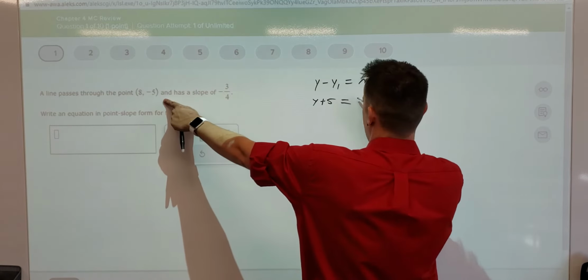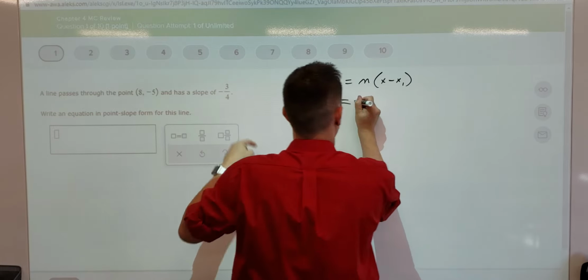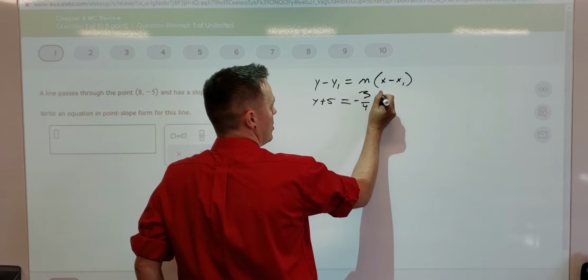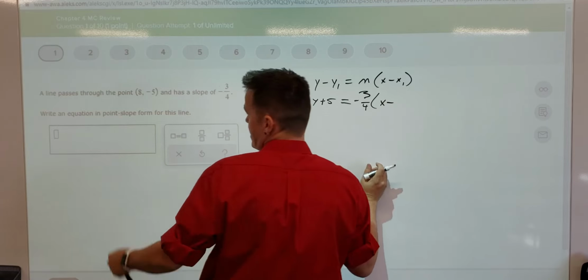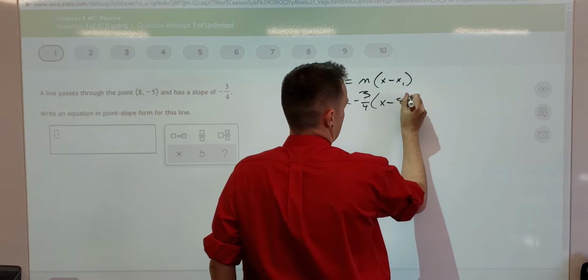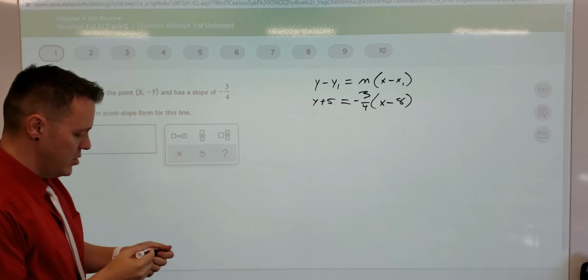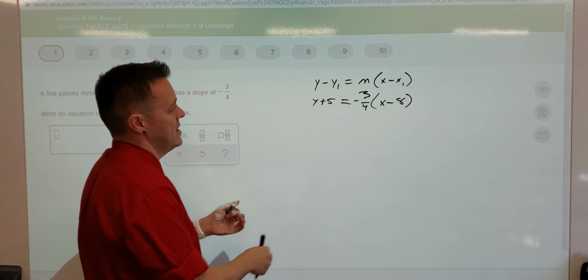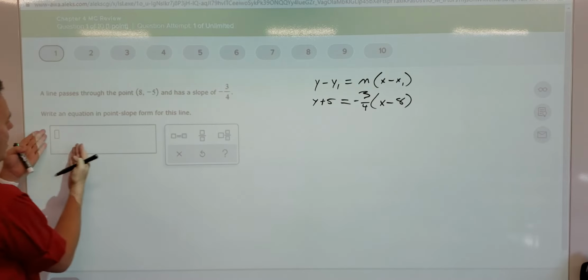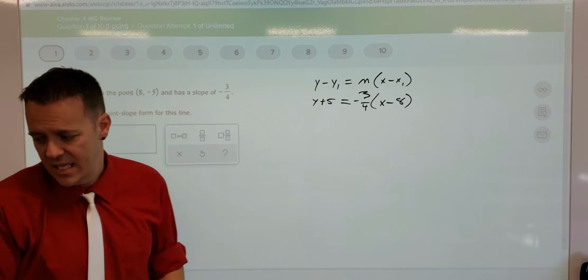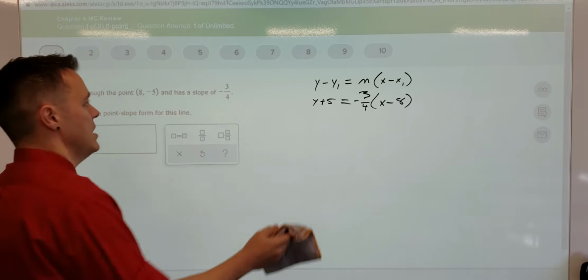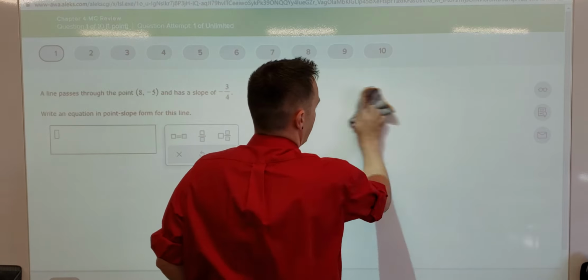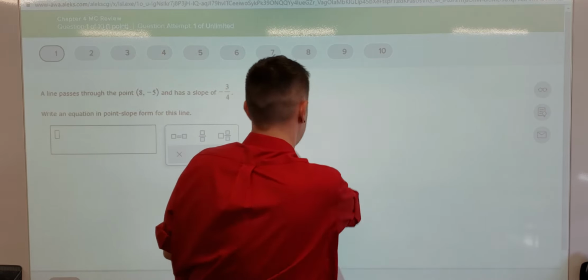Then it's going to be your slope, which is -3/4, and then it's going to be x minus 8, and that's it. So I would enter this equation into the formula, and I'd get the answer. That's simple on that one, right? If you have any questions, rewind, watch it again, but that's the simple setup.